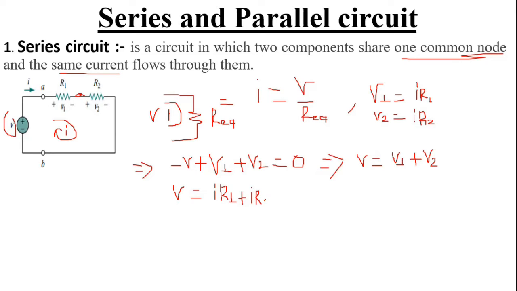We can use I as a common factor, and we have I times R1 plus R2.